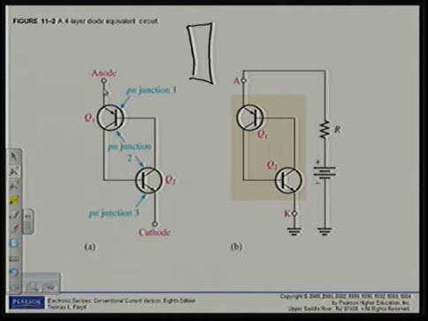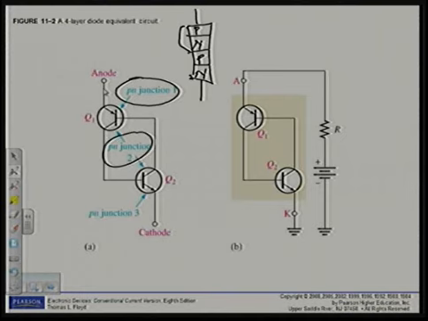Remember 4 layers, anode, cathode, PN-PN. Right, here you can see the transistor equivalent circuit, PN junction number 1. Next one there, PN junction number 2, and over here, PN junction number 3. Okay, 3 PN junctions, equivalent circuit for this device.